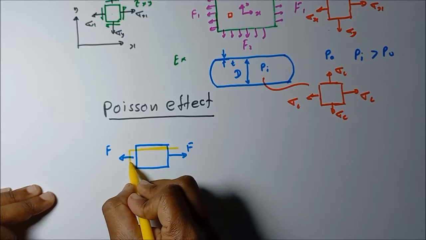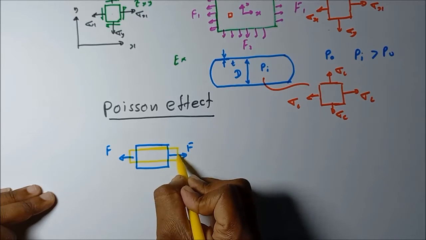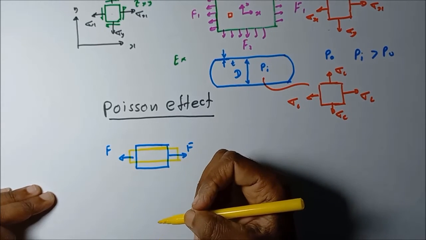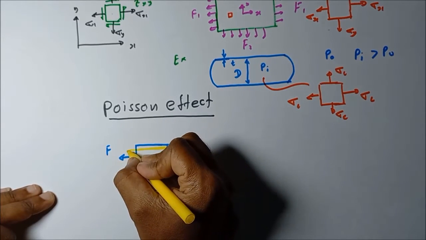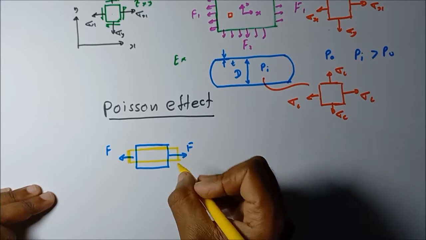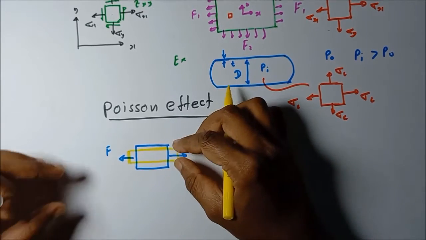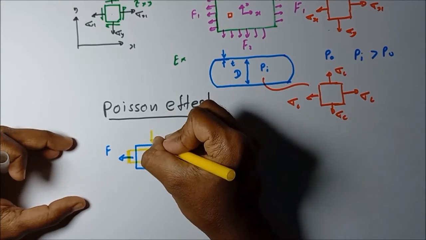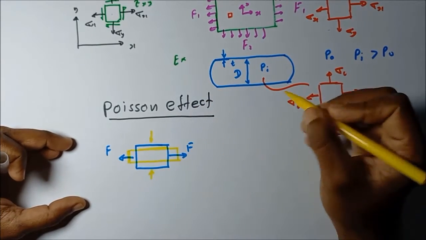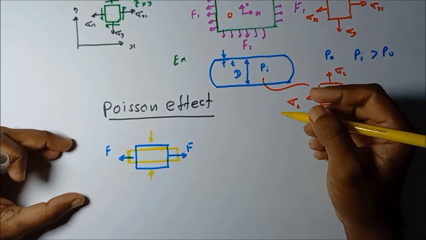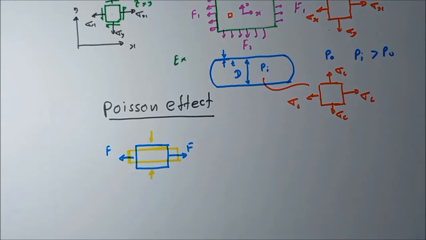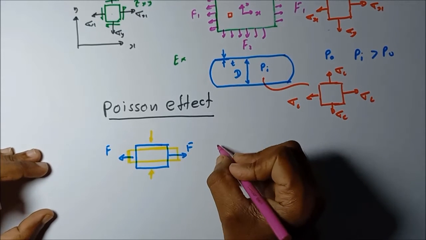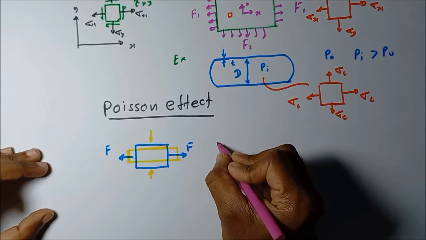While stretching, what happened in the transverse direction to the force acting direction? It contracts. It is a normal behavior of a material. When it is stretched in the force acting direction, it has a contraction in this direction. For any material, it is the normal way it deforms.